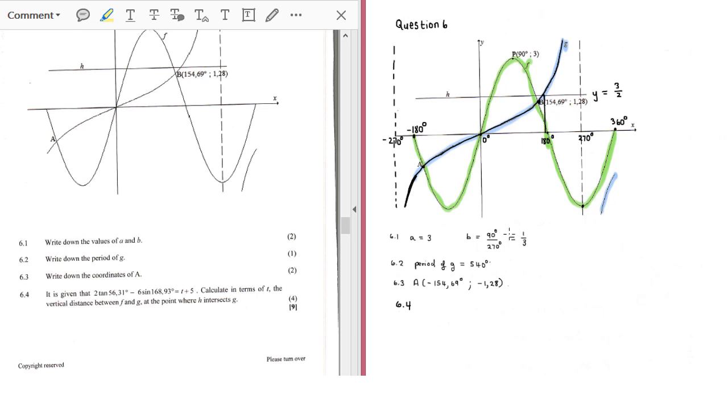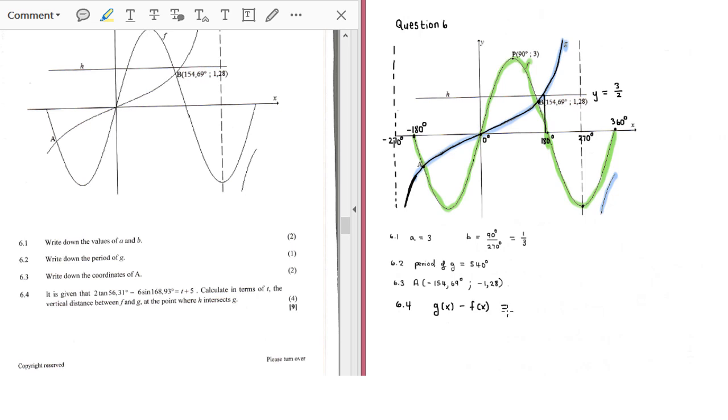Let's try to figure out what that x value is, where this vertical distance actually exists. Let's first deal with this vertical distance. The vertical distance is going to be given by the graph that's on top, so g of x minus f of x.